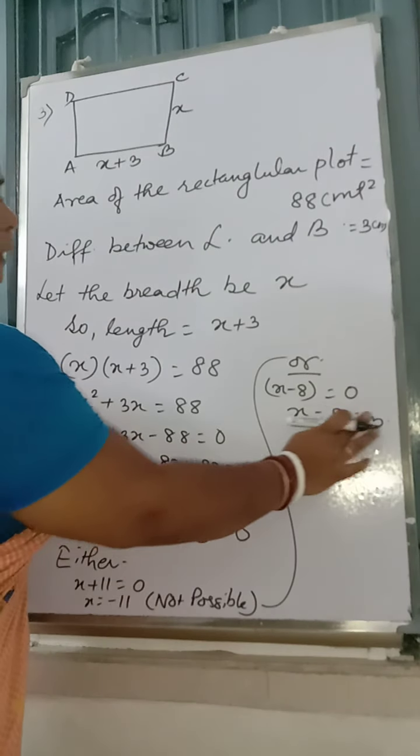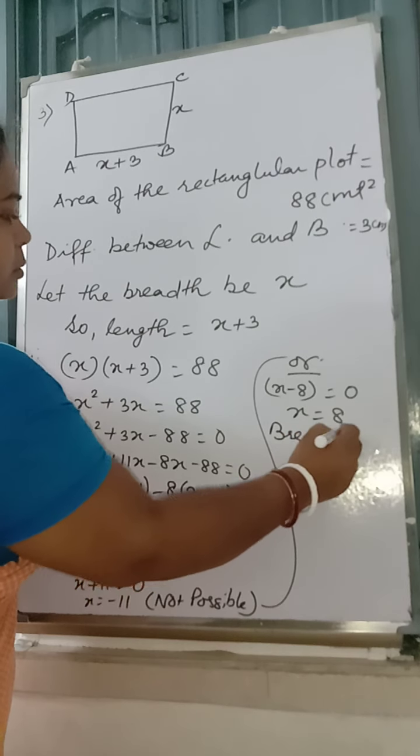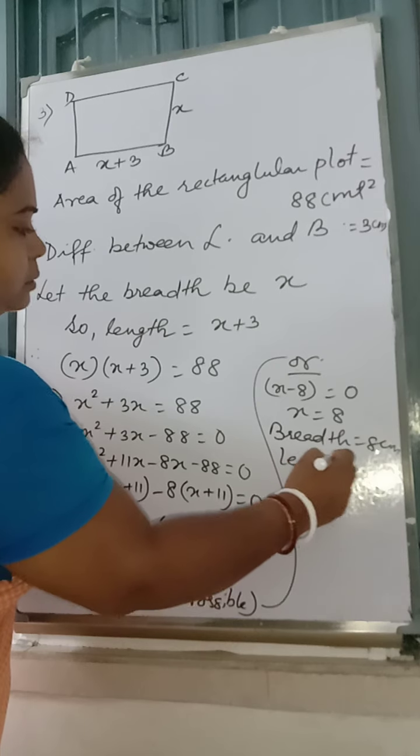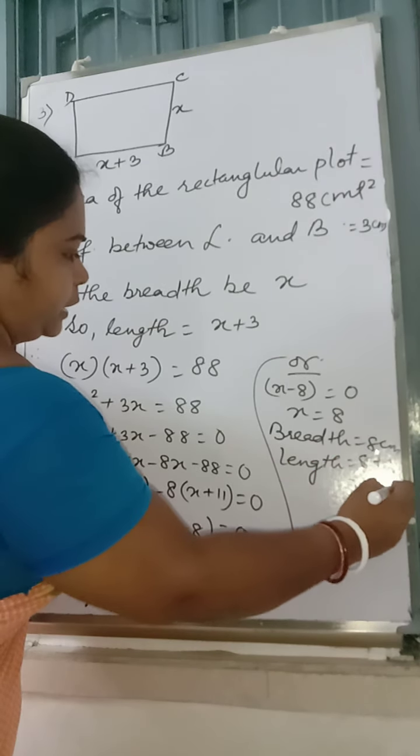Or we can write breadth is equal to 8 centimeter, length is equal to 8 plus 3, 11 centimeter.